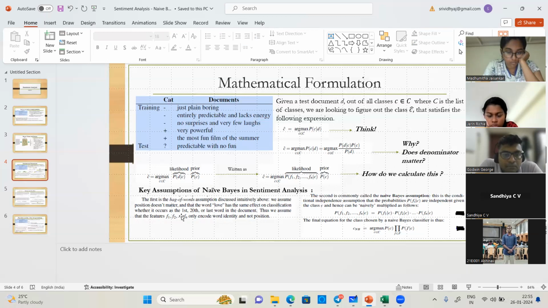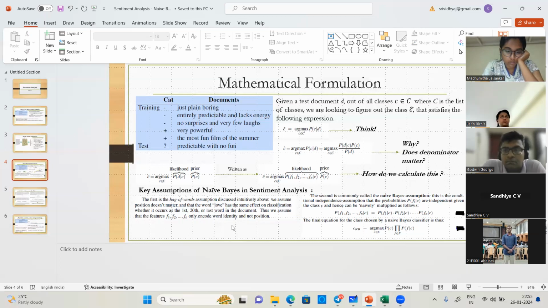The first one is the bag of words that we already understand, that we interpret the document as a bag of words. That's simple. And in the bag of words, the position doesn't really matter. So the word love has the same effect on classification, irrespective of where love occurs. It could occur as the first word in the document, or it could be the last word in the document.